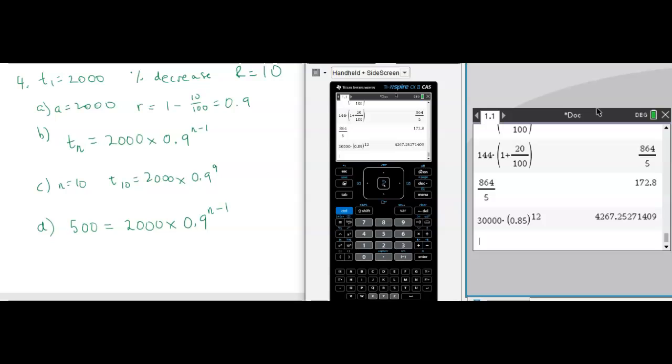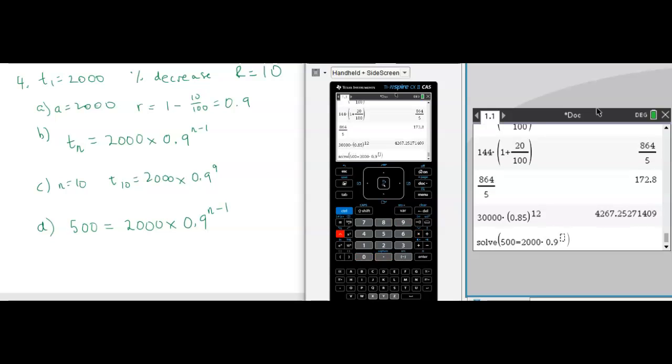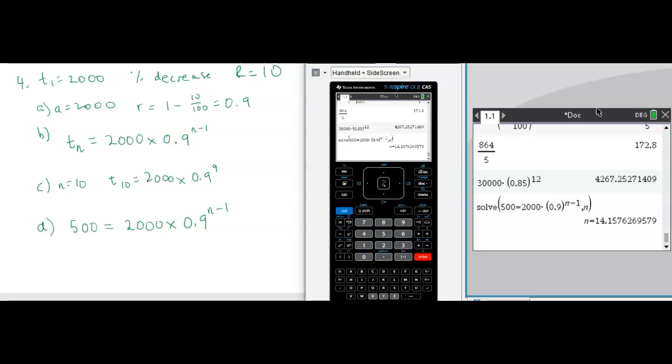Okay, so you can do solve 500 equals 2000 times 0.9 to the power of n minus 1. So you can use n, you don't have to use x, comma n. Okay, so n is equal to 14.15.